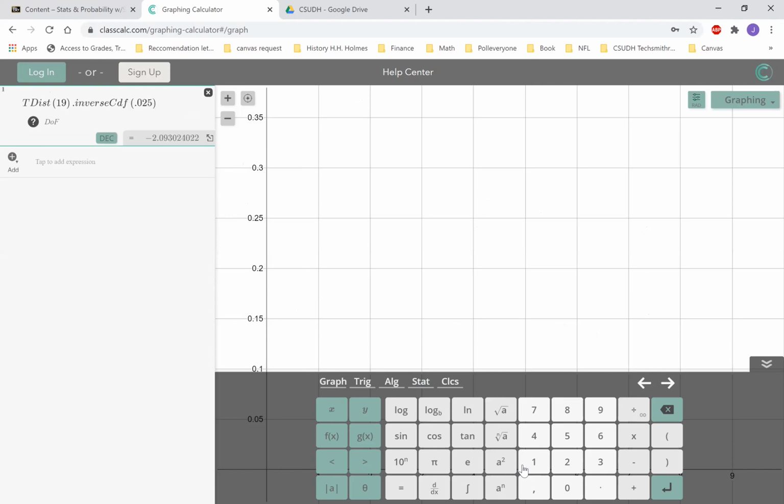So once you do that, we get T star is equal to 2.093. And that's your final answer in regard to A. Any question for A? Cool. All right. And then B and C, you can just skip it. Because we didn't go over that. So don't worry about that for the test.